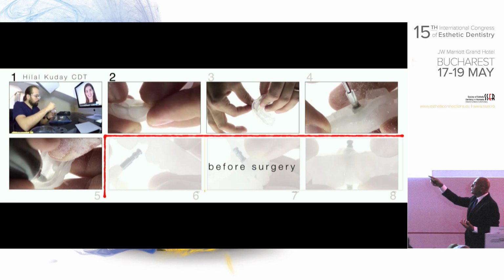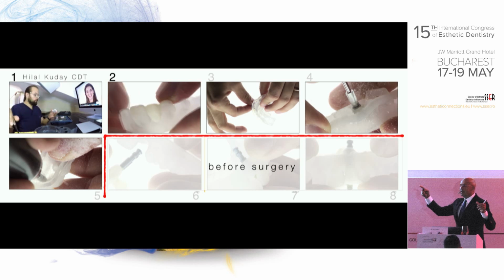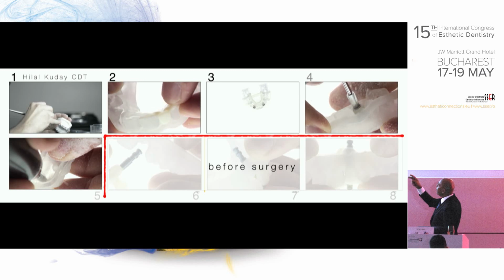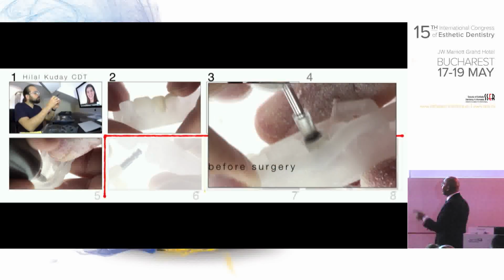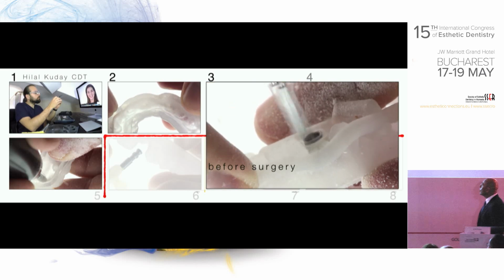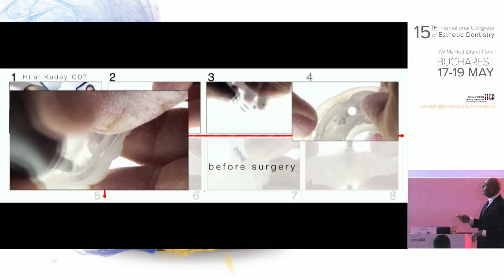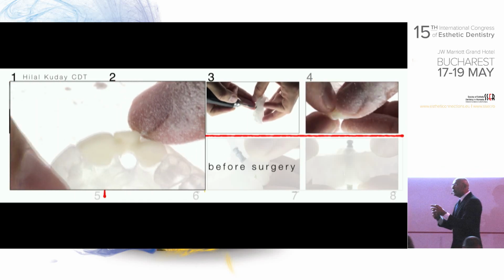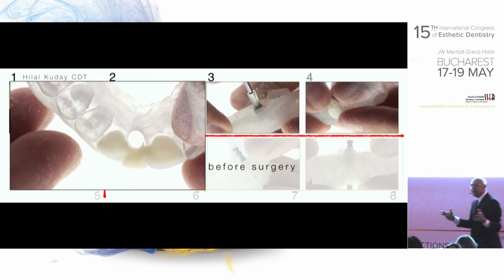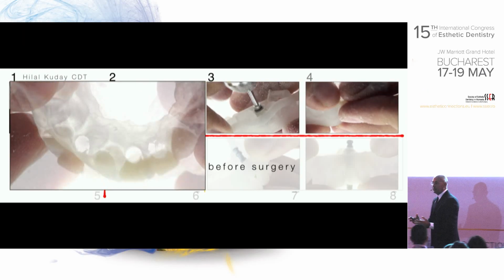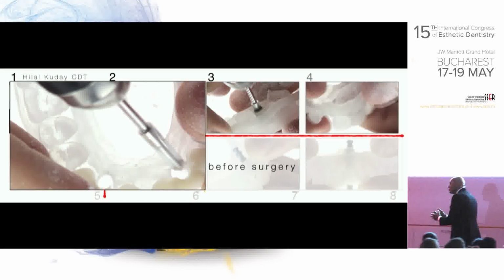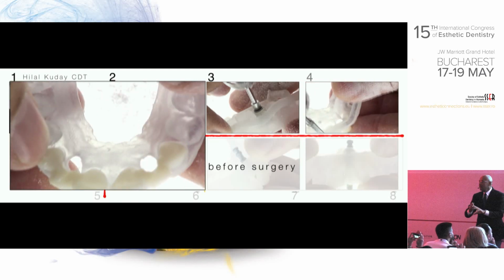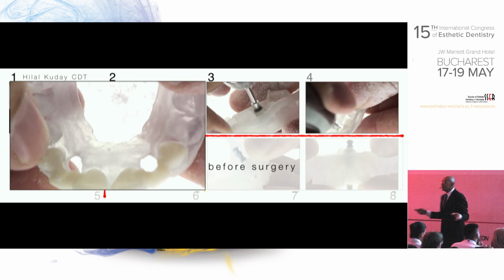First he does his Maryland crown, bridge, whatever, and then we go through the whole guide, and when we open this hole on the stereolithic model, you can see here, now we have a model waiting in the lab where the implant socket has already been identified and is ready. So when I make the capture or impression from the mouth, I'll immediately just put it there and that's it. No hassle, nothing.